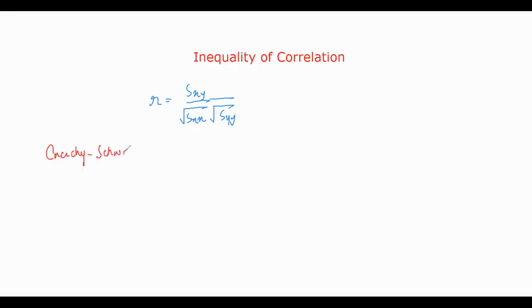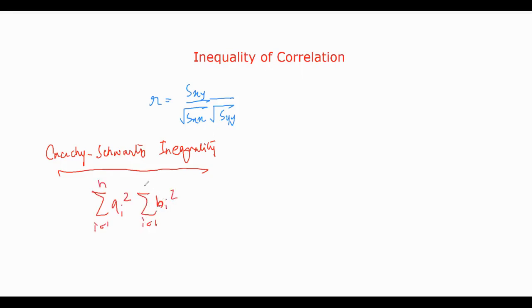I may be very wrong with the spelling of Schwarz; I do it wrong every time. Let's try to understand what the Cauchy-Schwarz inequality is. It has the following simple form: the summation of ai squared from 1 to n, into the summation of bi squared from 1 to n, is greater than or equal to the square of the summation of ai bi.